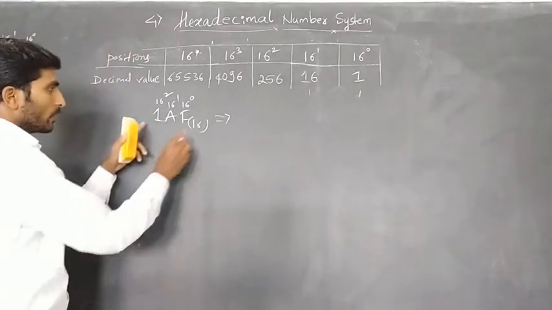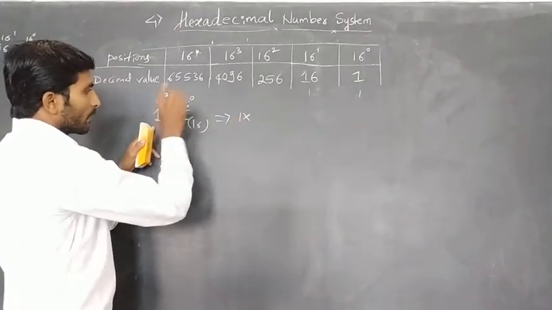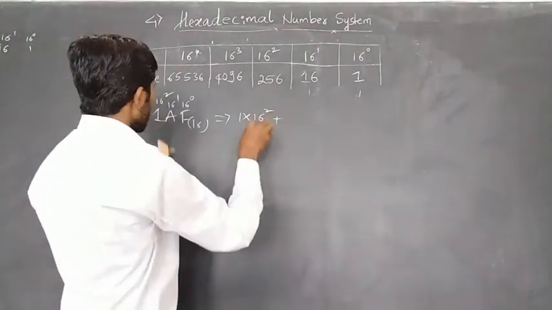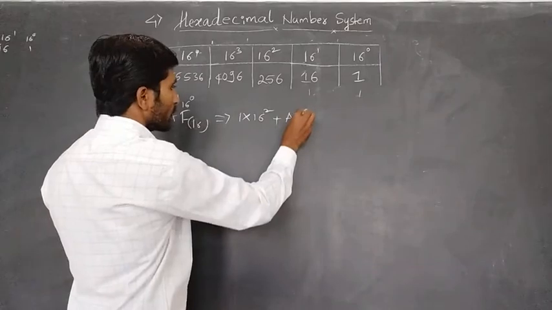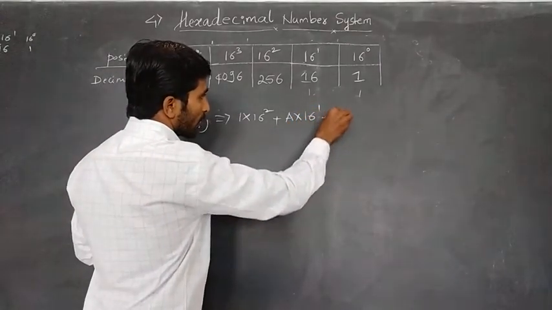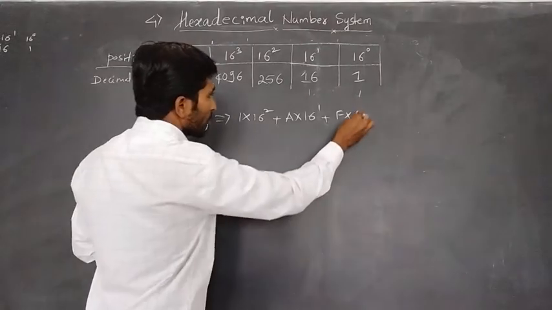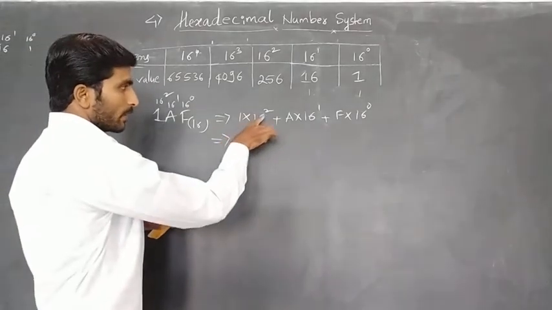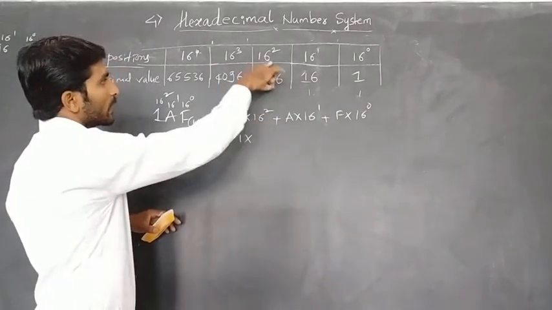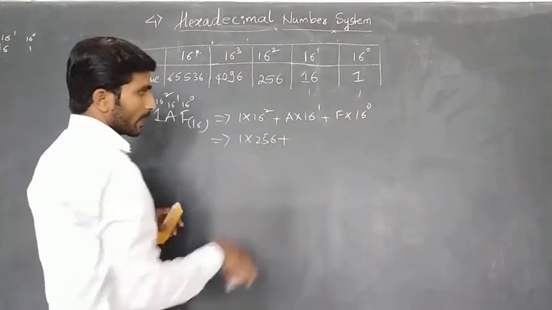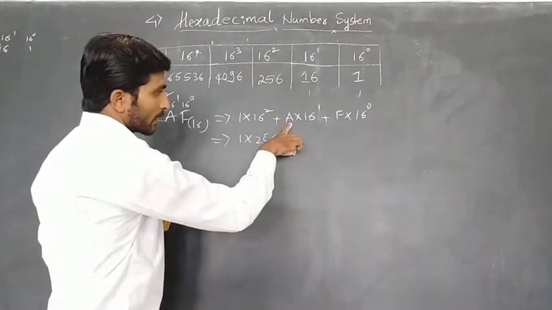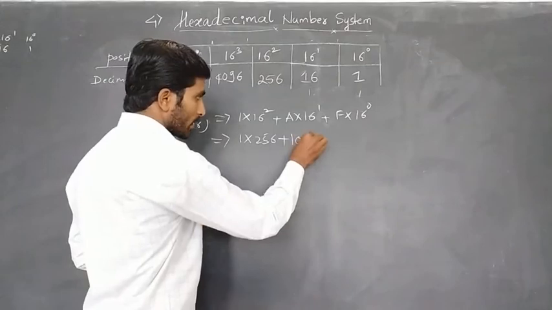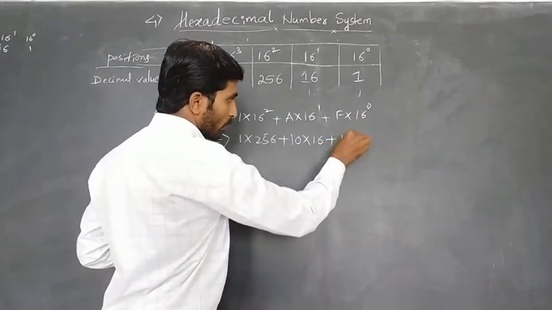First, 1 into 16 to the power 2, plus A into 16 to the 1, plus F into 16 to the 0. What is the value of 16 squared? That is 256, plus, A in hexadecimal is 10, so 10 into 16, plus F means 15 into 1.